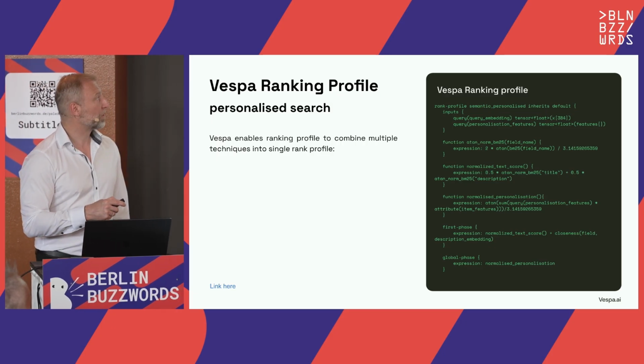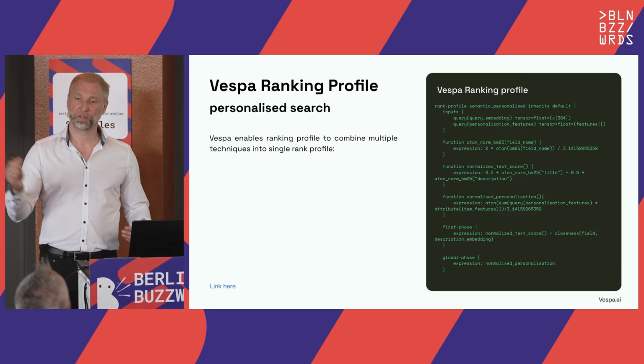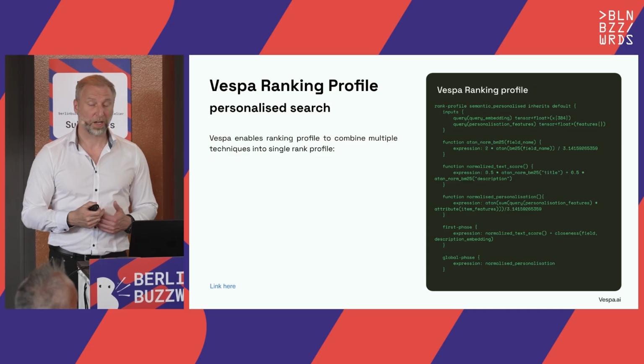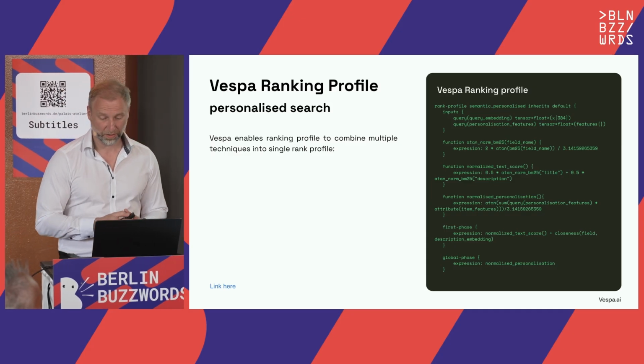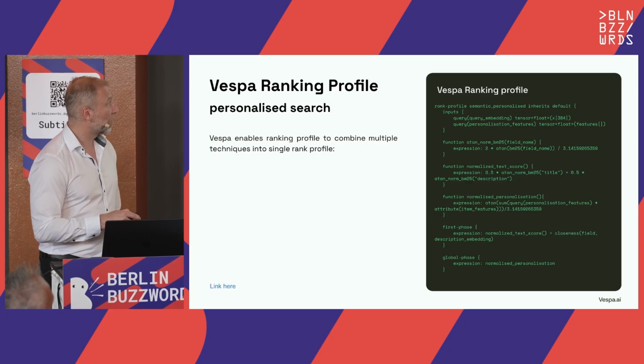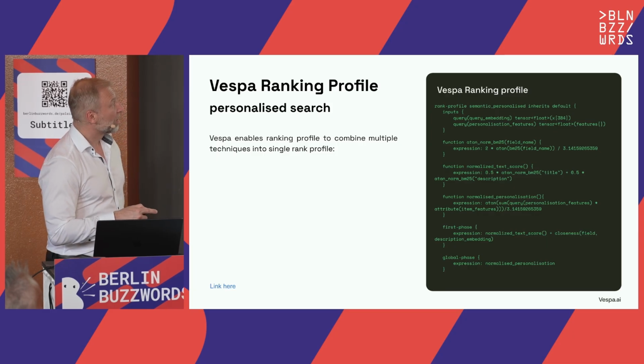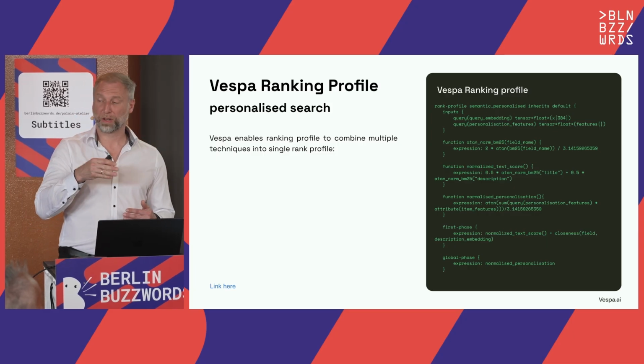Then you have the normalization function for BM25. We don't like to have scores beyond 1, because closeness in Vespa will be from 0 to 1, since this is not the distance but 1 divided by 1 plus distance.